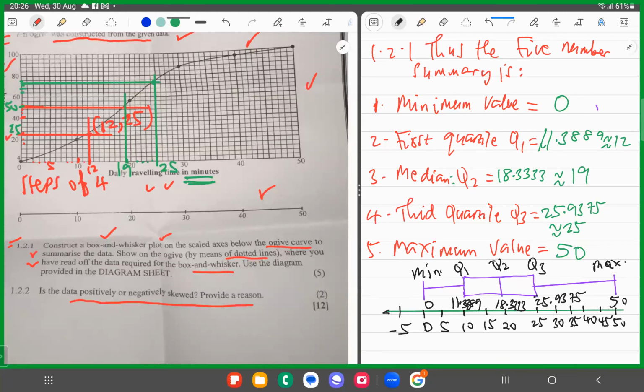For example, the question says: construct a box and whisker plot, scaled axis, and summarize the data, show the Ogive by means of dotted lines where you have read off the data required for the box and whisker, and use the diagram provided in the diagram sheet. In 1.2.2, is the data positively or negatively skewed? We need to provide the answers, so let's analyze it together.